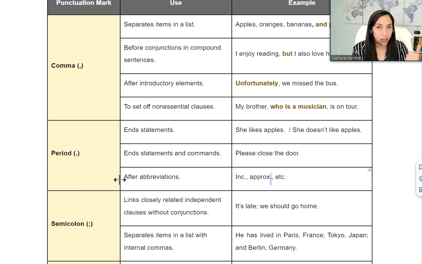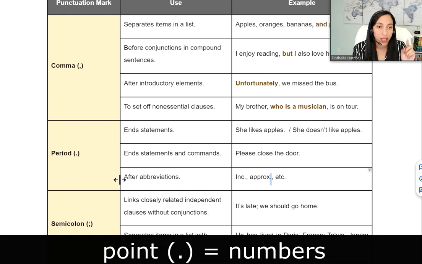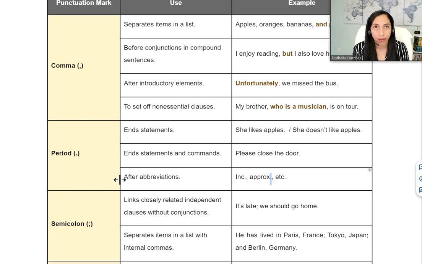I told you about dots and periods, but when you talk about numbers, then you use the word "point," okay? So, if you're talking about a number, you don't say, for example, this costs "fifty period five." It's "5.5," for example, okay?